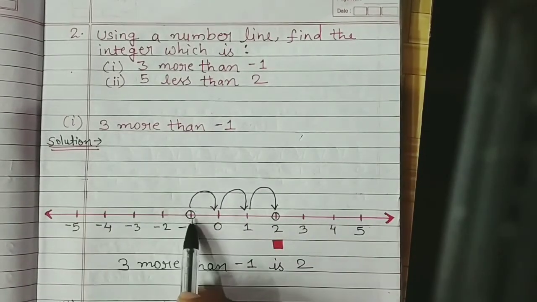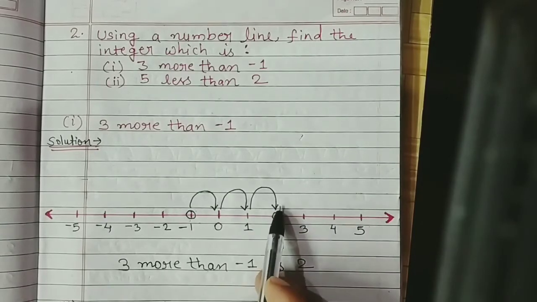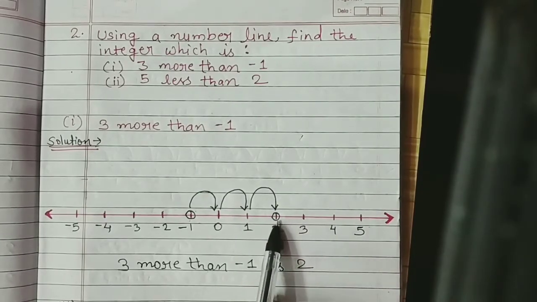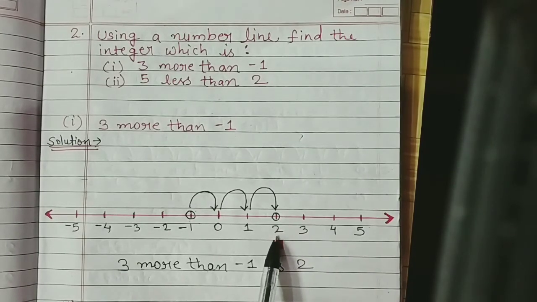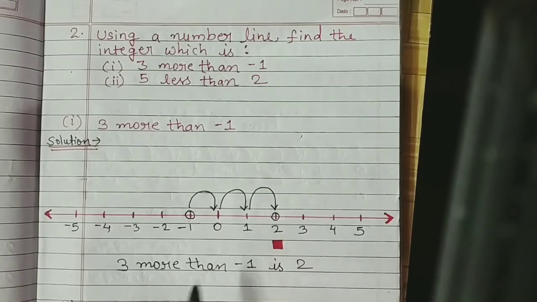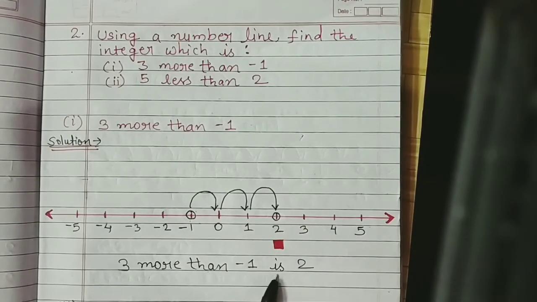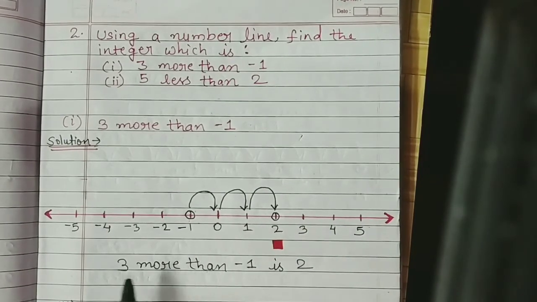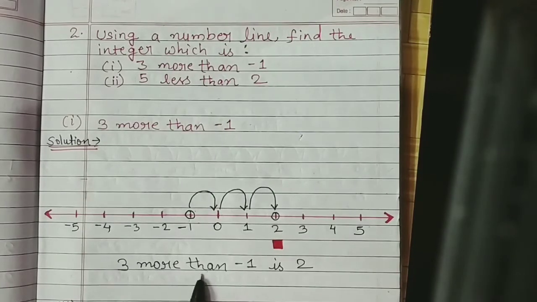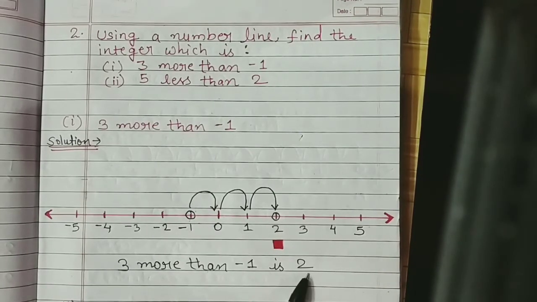So 1, 2, 3, and we have reached this place, and in this place the integer is 2, and this is our required answer. So I have written here 3 more than minus 1 is 2, and this is our answer.